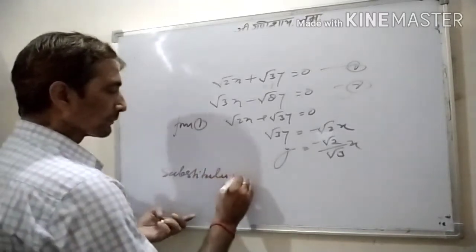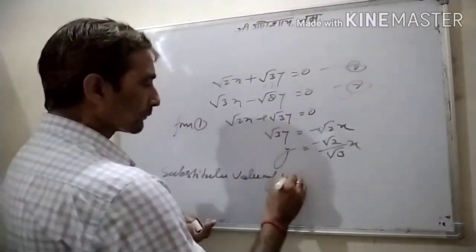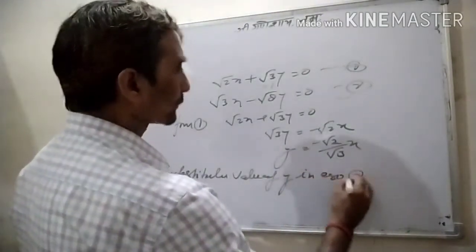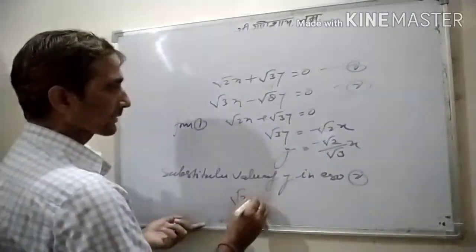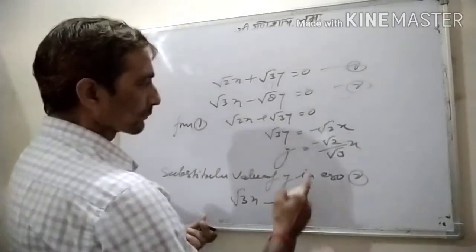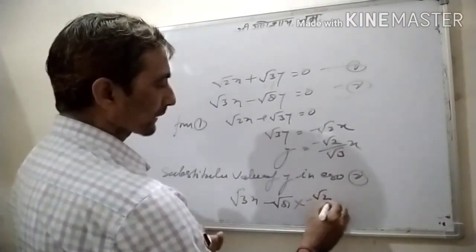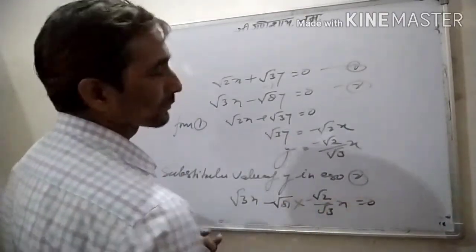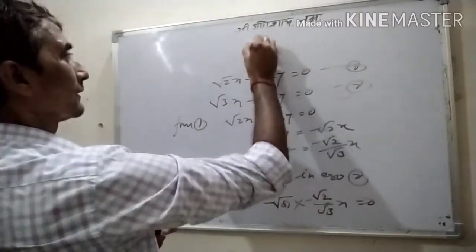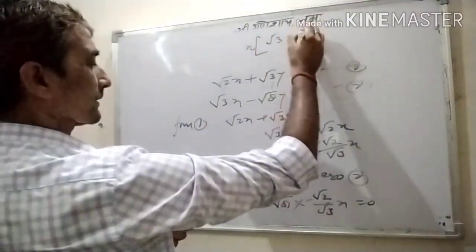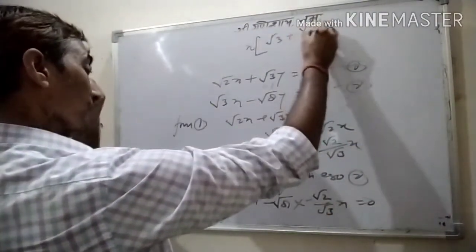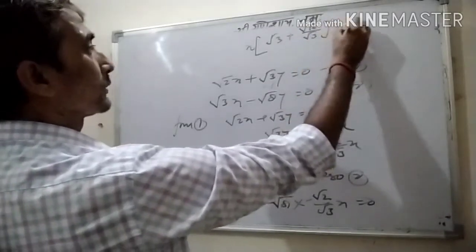Substituting value of y in equation number 2: root of 3 x minus root of 8 y, that is minus root of 2 by root of 3 x, equal to 0. Students, you can take x common, then root of 3 plus root of 8 into root of 2, root of 16 by root of 3, equal to 0.